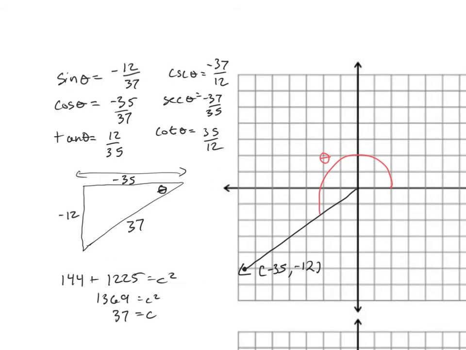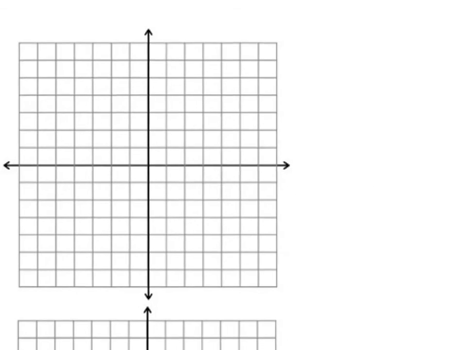What if the problem says the point on the terminal side of the angle is the point negative 8, 22? The key word when we talk about terminal angles: if we ever have any angle, let's say it's down here, the terminal angle is always going to be the angle that is closest to the x-axis.